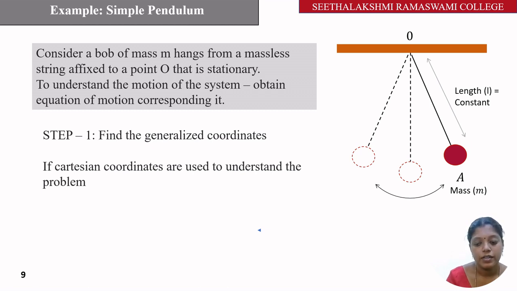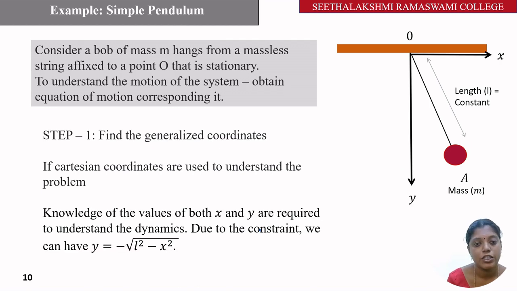So here, if you consider Cartesian coordinates, you can find the variables x and y are needed to describe the motion of the system at any particular time. Only by saying what is the value of x and what is the value of y can you say where the mass m is. So the state of the system is described by both x and y coordinates.